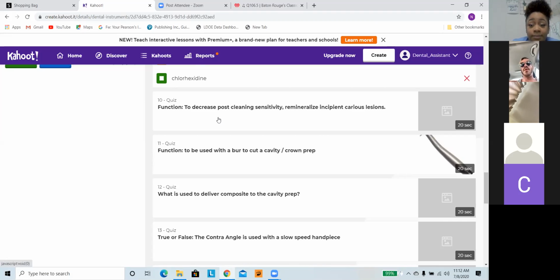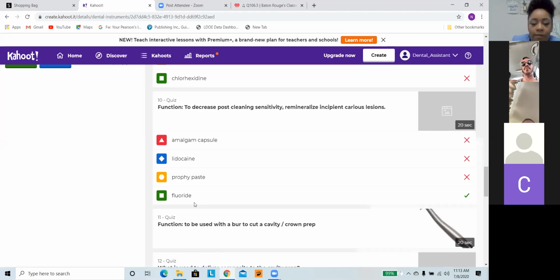But remember, etch is an acid, it's used to dry. I'm gonna go with micro tipper. Okay, I'm wrong. Fluoride. Oh, tricky.